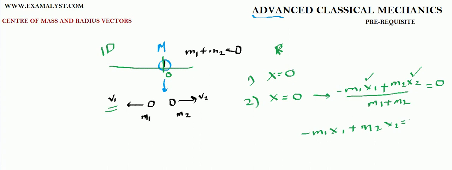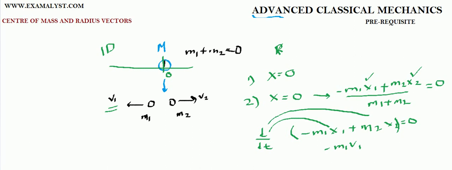If I differentiate this equation with respect to time on both sides, what will happen? Nothing, everything is okay. You can do this part. The differentiation will act on x1, and you get m1 v1, and then act on x2, and you get m2 v2 equals 0, and finally you have m1 v1 equals m2 v2.